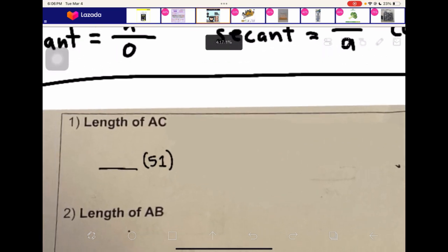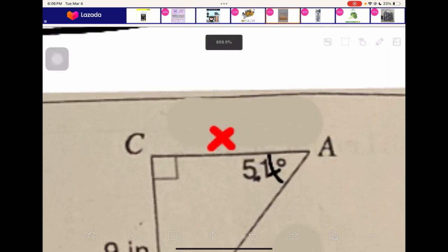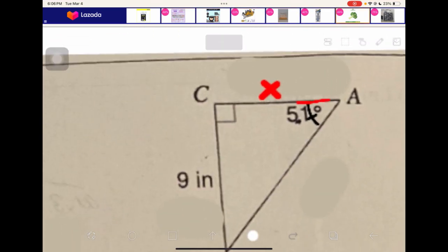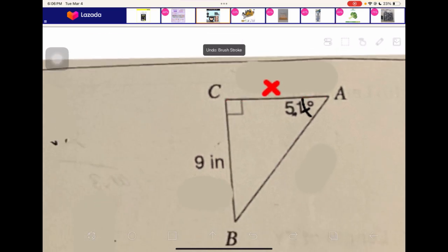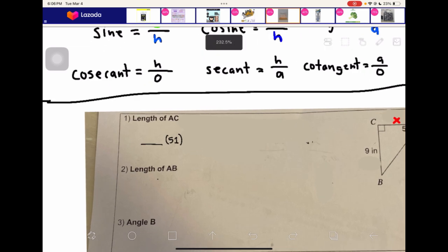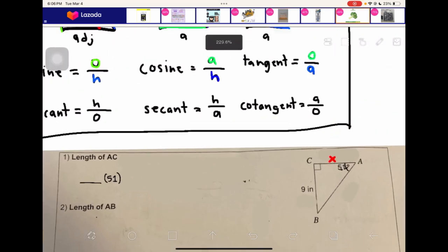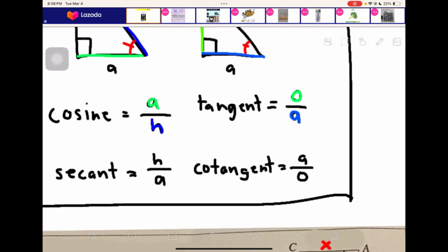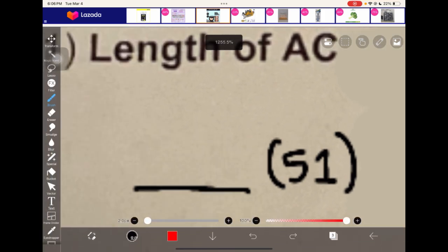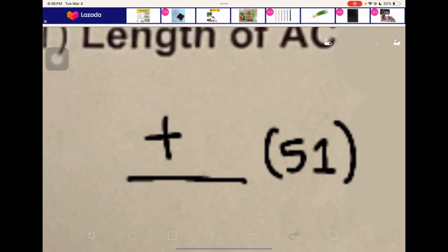So we have an opposite, which is this one, and an adjacent, which is this one. Now, let's write that as a term. So opposite over adjacent is equal to tangent. So we're going to write tangent over here.